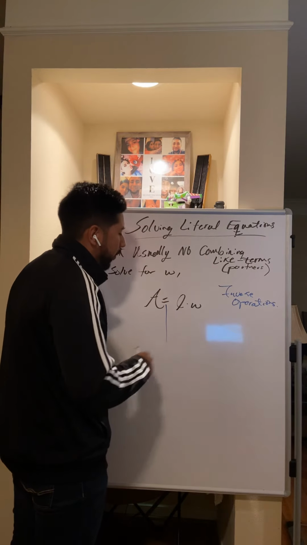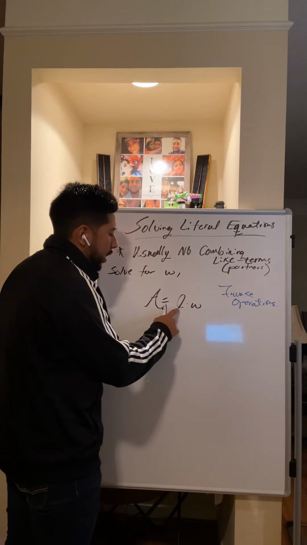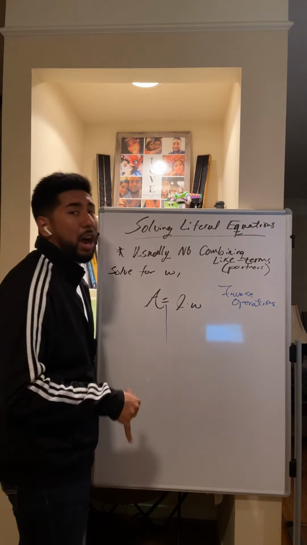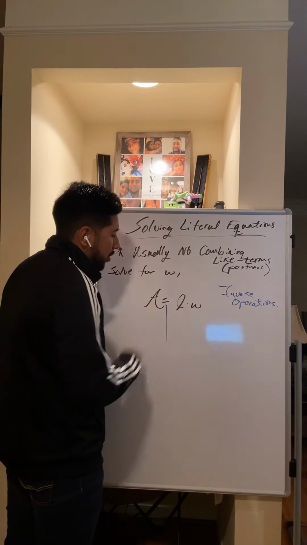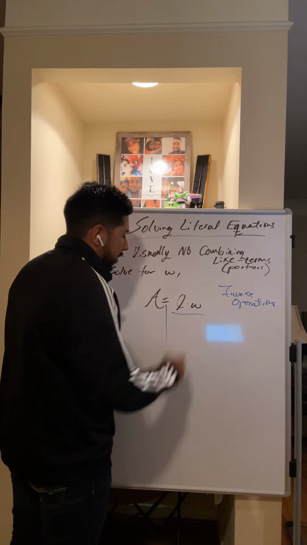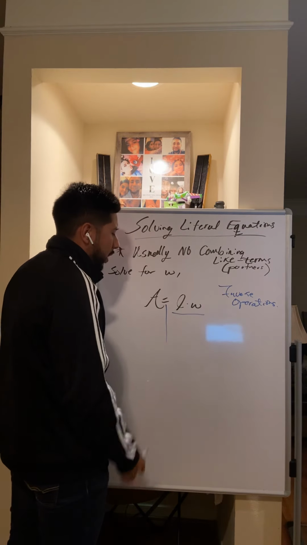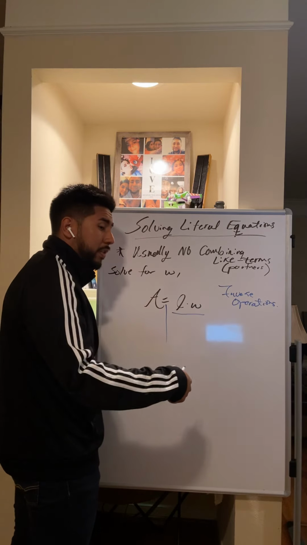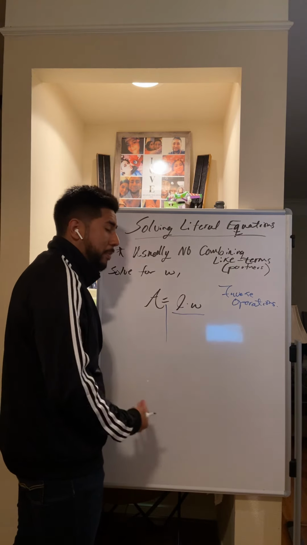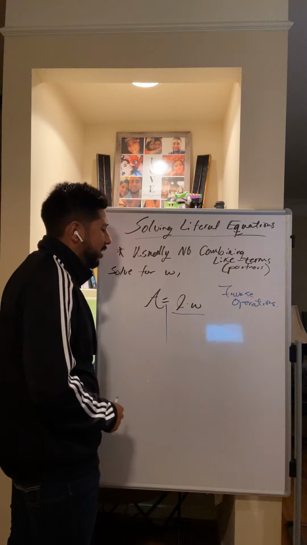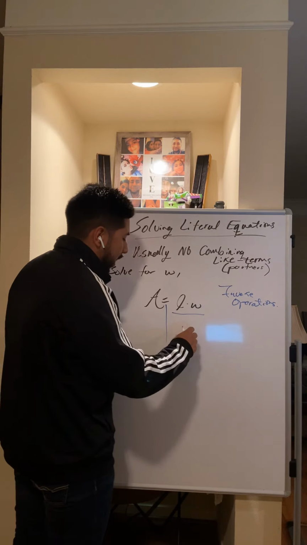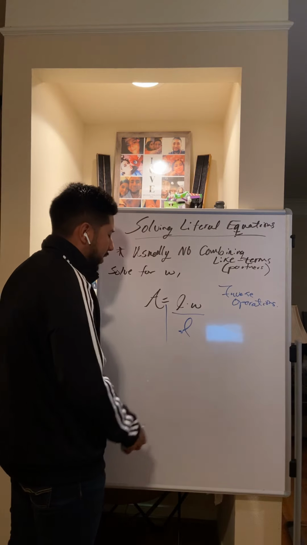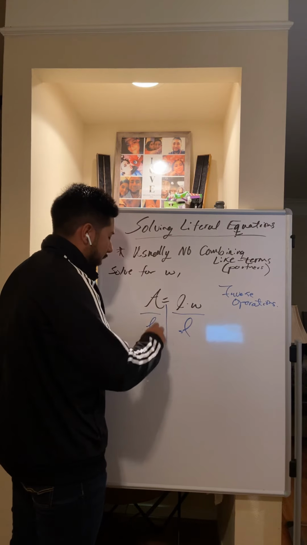Be very careful. Right here, we should see length times width. That's multiplication. I'm going to do the opposite so I can get this W by itself. Opposite is division. I need to get rid of this L. Just like in previous topics, who would we divide by? The person that it's stuck to. In this case, it is the L. Since I divided by L on this side, I also need to do it on this side.